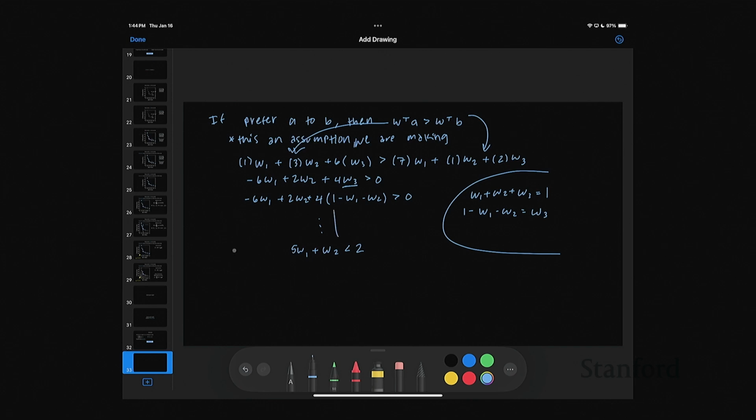Okay, so it turns out this equation actually represents something that we call a half space. What it means is that we can go back to our plot that we were making, and if we plot this equation and fill in all the values that satisfy it, that forms a half space, and these are weights that are possible for him to have.